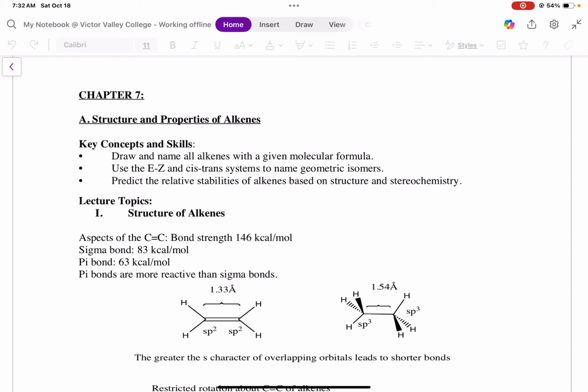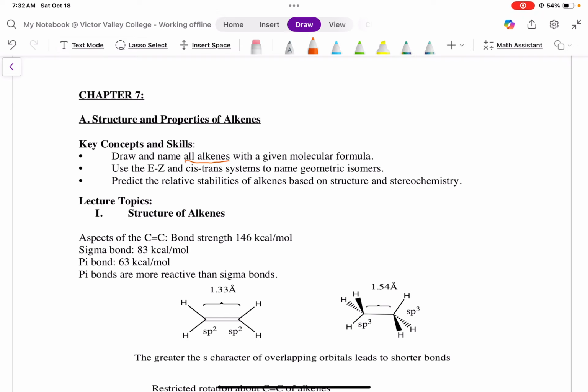Okay, alkenes. So the key concept and skill that we would like you to get from this topic is to be able to draw and name alkenes with given molecular formulas, meaning how many carbons, hydrogens, and so on and so forth.